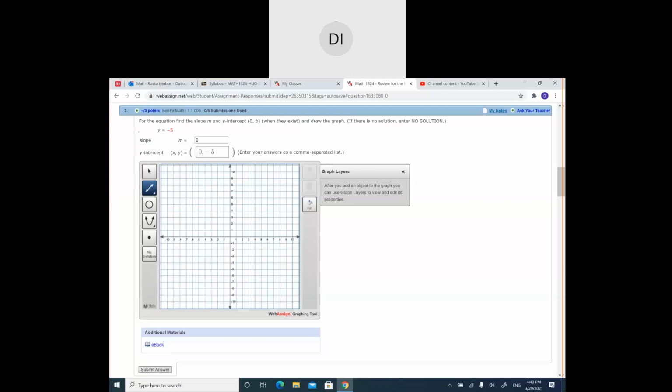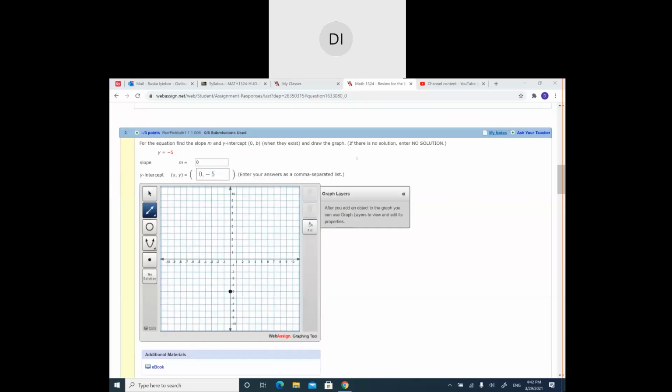So I'm going to go to negative 5. I'm going to click at y negative 5 on the y-axis. And then you can just click at any point where the y-coordinate is negative 5. Doesn't matter.